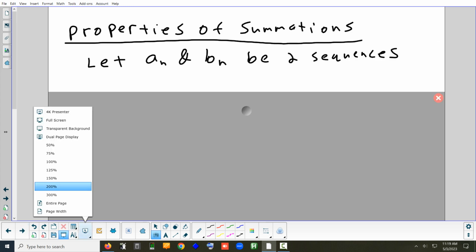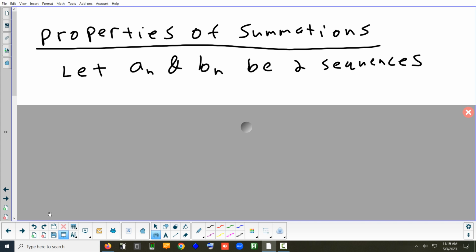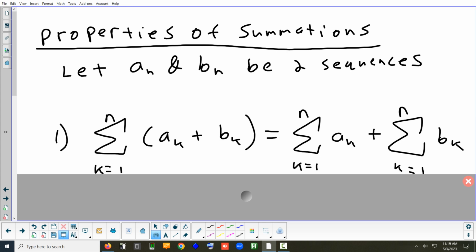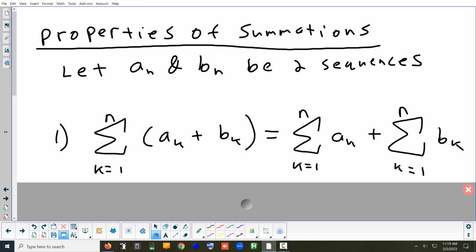All right, let's look at some different properties and things we can do with summations. This property is kind of like the distributive property. If you have two sequences that you want to add together, you can do it two different ways. And I'll show you with some numbers. You could add the sequences together term by term, the first one to the first one, second to second, third to third.